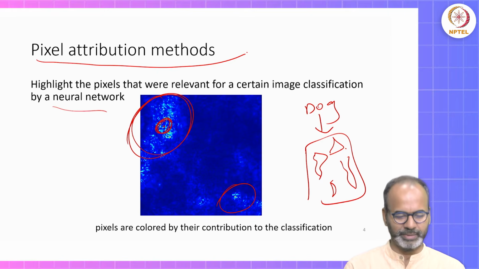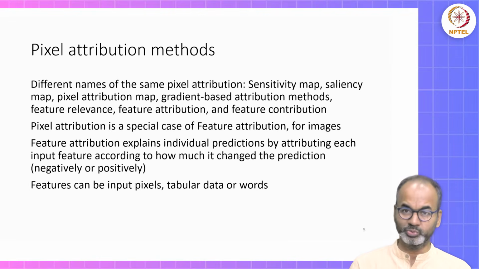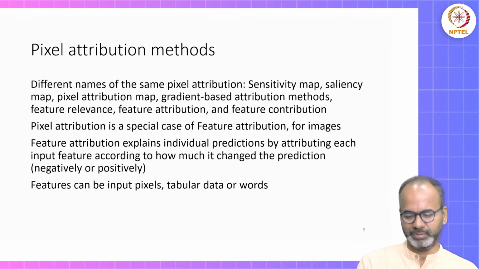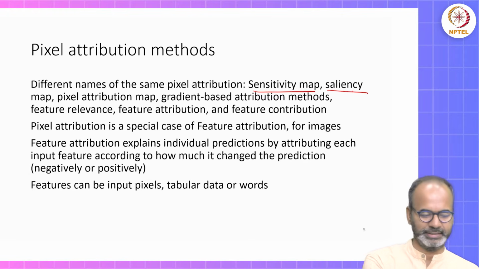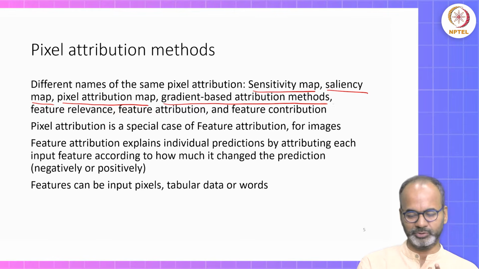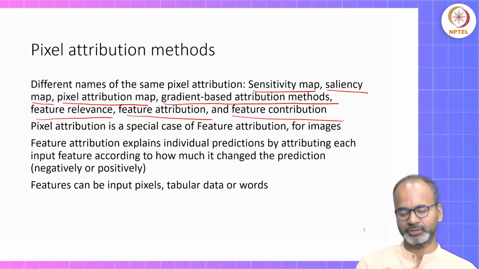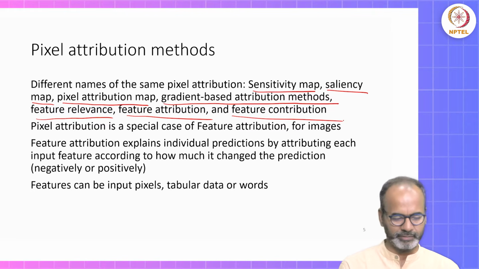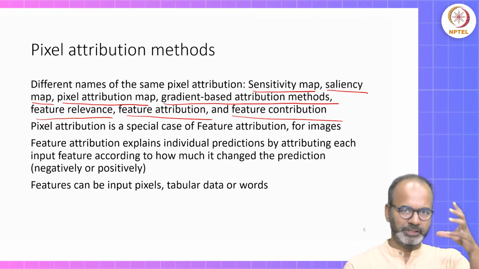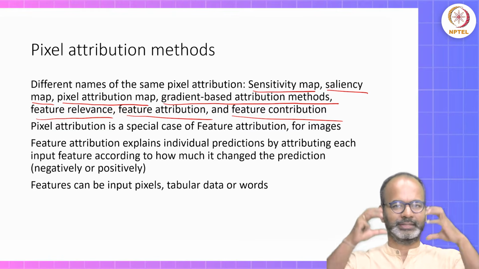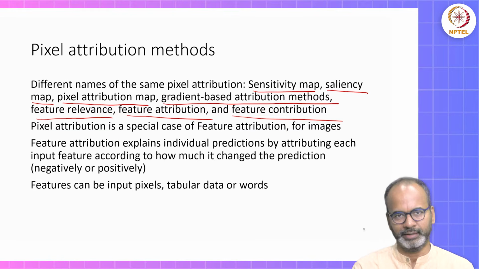This pixel attribution method itself is referred to in many different words. For example, sensitivity map, saliency map, pixel attribution map, gradient-based attribution methods, feature relevance, feature attribution, and feature contribution. These are different ways of describing the same idea. But feature attribution is done at a slightly different level, where you're talking about each of the features: what feature is it contributing?